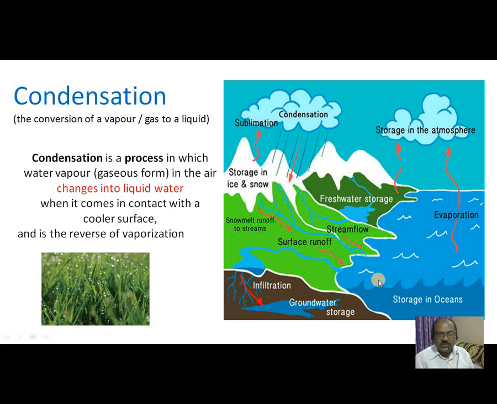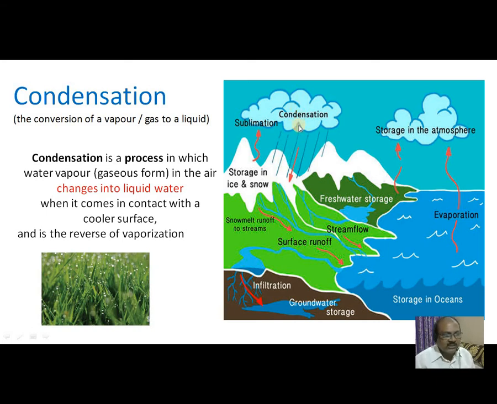If you see the picture, the water is evaporated from the seas and oceans and stored in the atmosphere as clouds. The clouds consist of vapors or gases, and when condensation takes place, this vapor or gas turns into liquid.